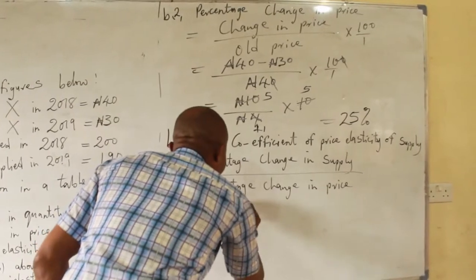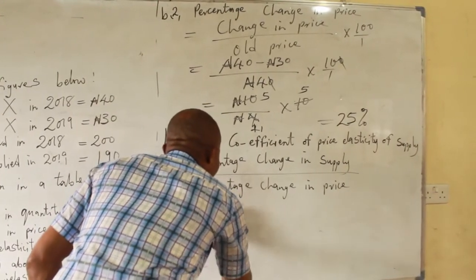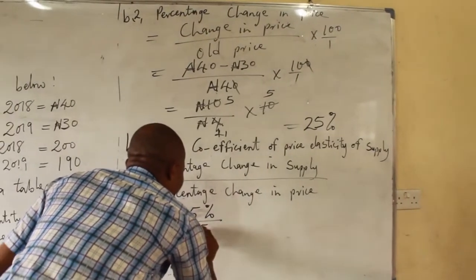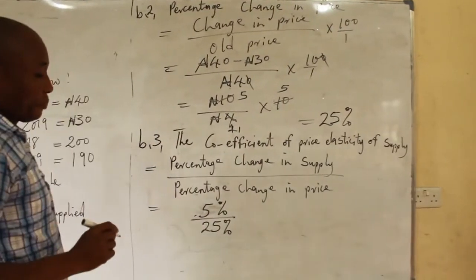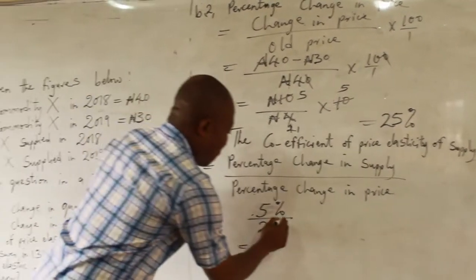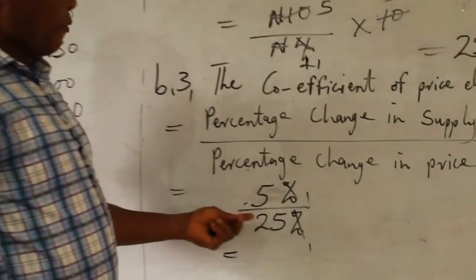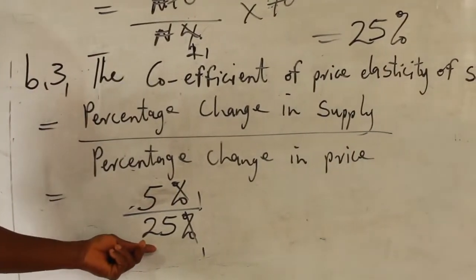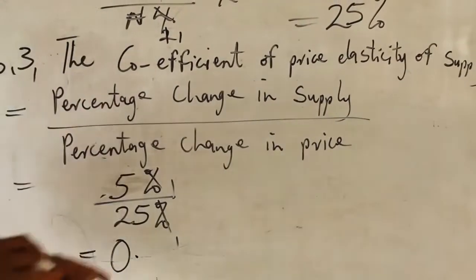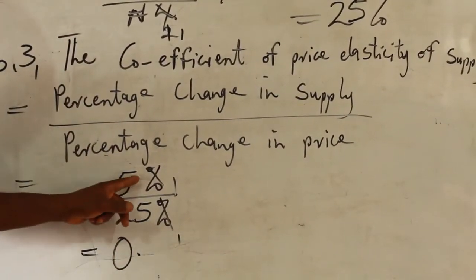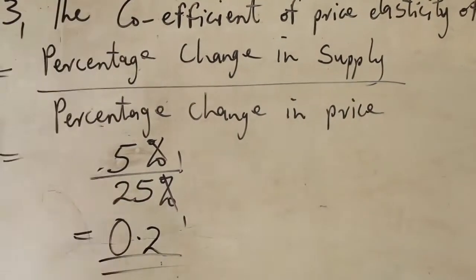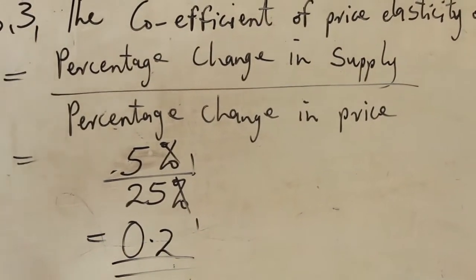And this is what we are going to have: 5% over 25%, which will give us, percent cancel percent, and we are left with 5 over 25. 5 divided by 25 will give us 0 point. And if we add 0 here, we'll now have 50. 25 into 50 will give us 2. And that will be our final answer on B.